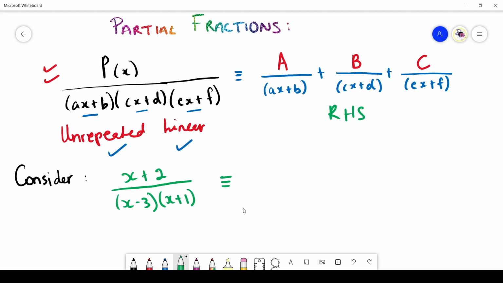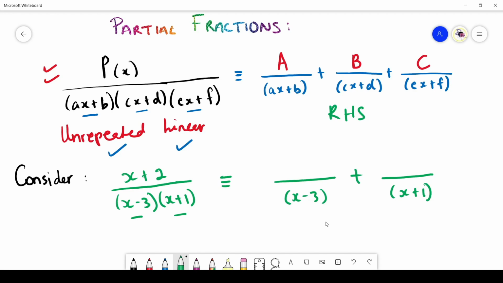Now, how many splits are we going to get? Because the question only has 2 factors, our solution is also going to have 2 splits. The denominator would be the first factor and the second factor as well. And that's how you split it.